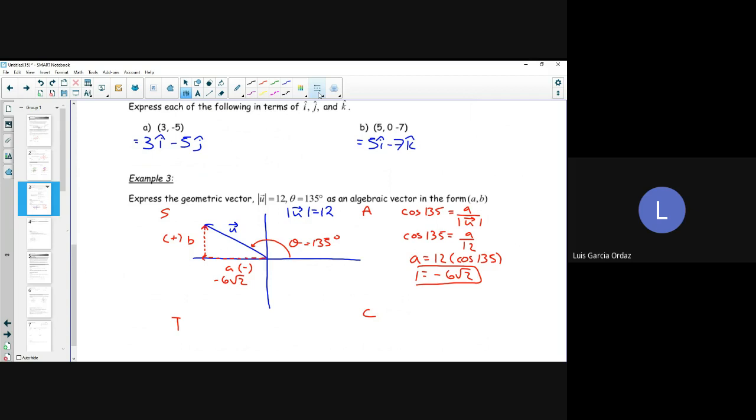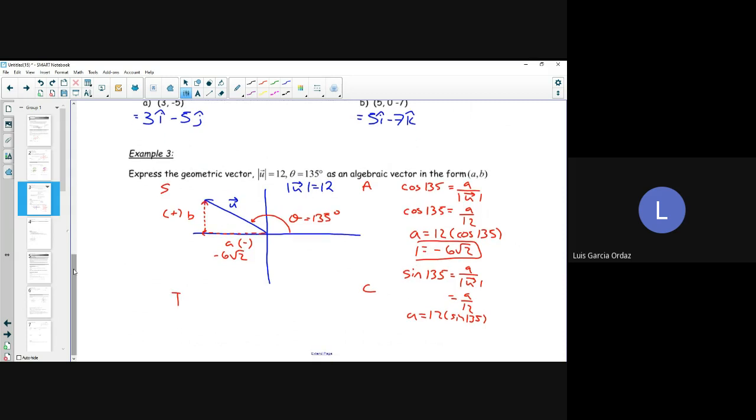However, if I take sine of the principal angle, which is 135, sine will give me a positive ratio. So sine of 135 is equal to B over the magnitude of u, which gives me B over 12. Now if I isolate for B, I get 12 times sine of 135, which gives me 12 times root 2 over 2, which gives me 6 root 2.